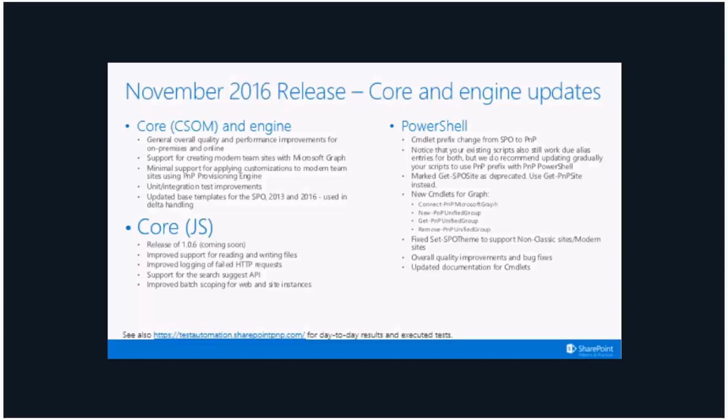And then as a new PowerShell thing, a really great and super interesting area, we actually released Connect-PnPMicrosoftGraph. This is a startup for upcoming Microsoft Graph PowerShell commandlets for other areas as well.